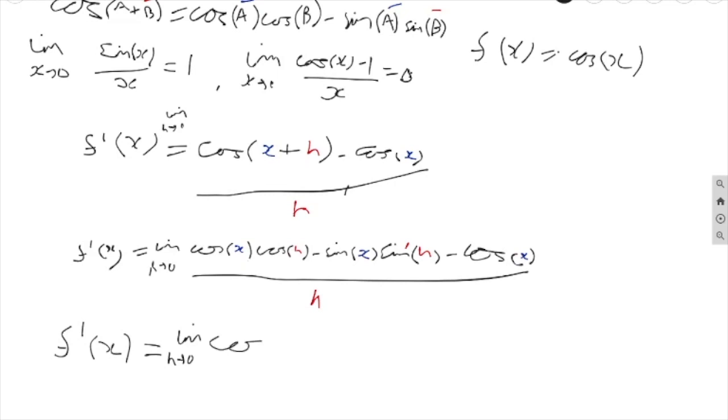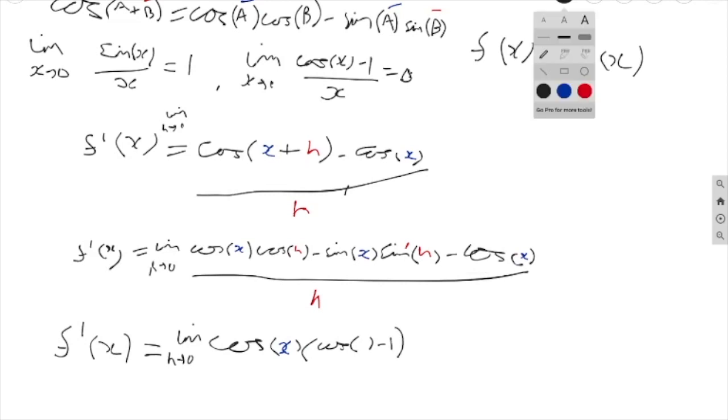So we have cos x, we have a multiple of cos h here and a multiple of minus 1 here, so we'll say cos h minus 1. Again, see if you can fill in the brackets, or the bracket, it's an h.